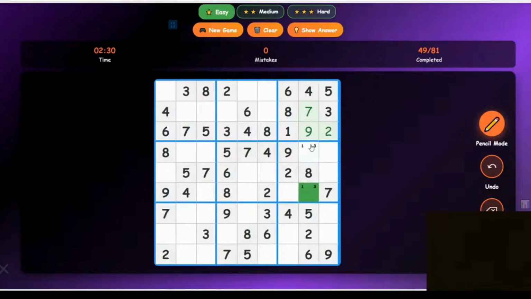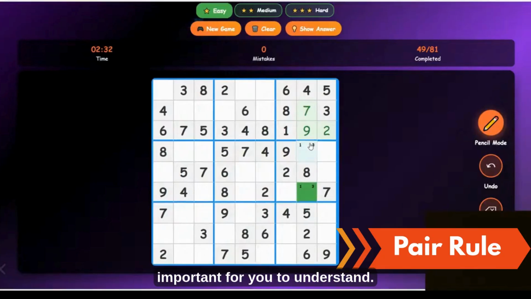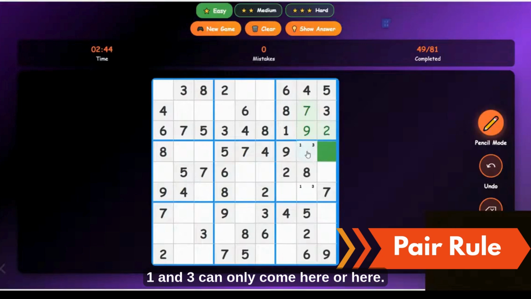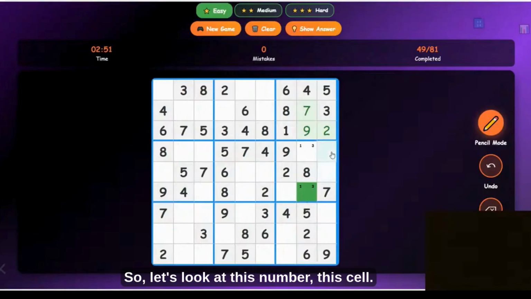So 1 and 3. Now this is important for you to understand. If 1 and 3 are here and here, that means that 1 and 3 cannot come in any of these three boxes now. Because in this entire big box, 1 and 3 can only come here or here. Two boxes and two numbers are pending. So let's look at this cell.